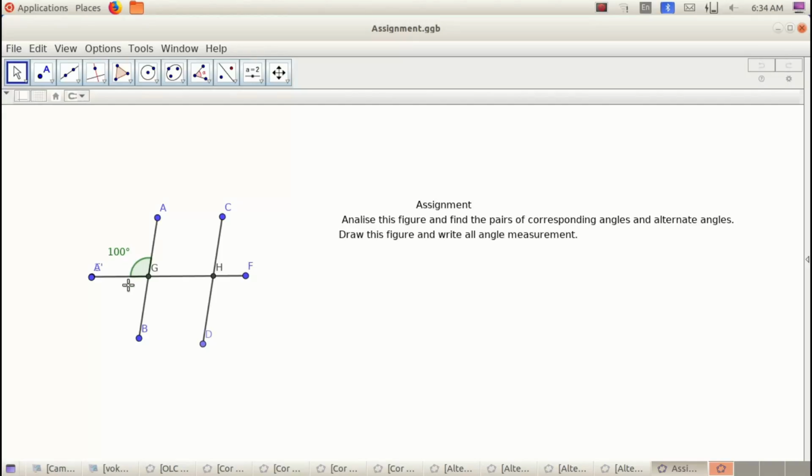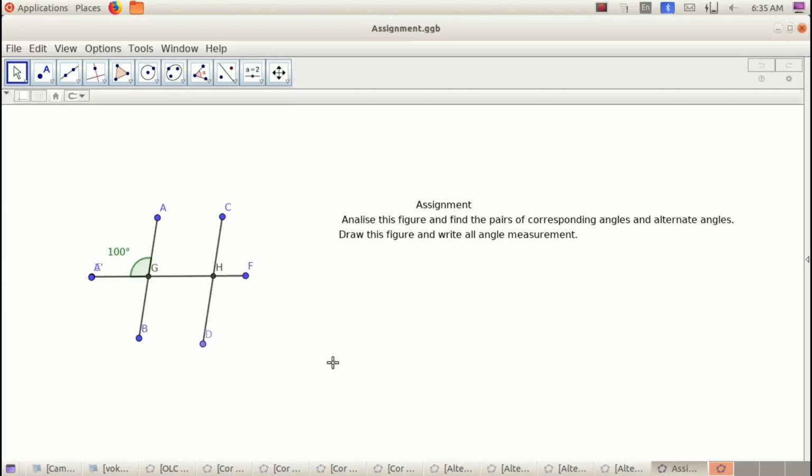Parallel lines make equal slant on any other line. Then corresponding angles are the same. Alternate angles are the same. Okay. Once more, I repeat this question. Analyze this figure and find the pairs of corresponding angles and alternate angles.